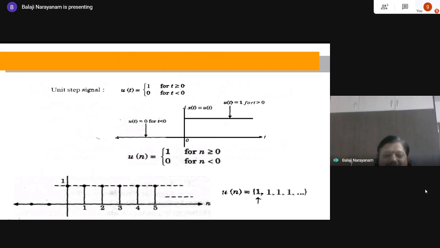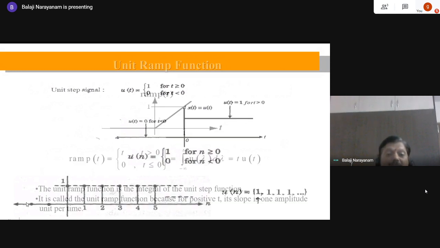You can observe the plot of this discrete sequence clearly here. At n is equal to 1 you have an amplitude, at n is equal to 2 again you have an amplitude, n is equal to 3, and so on. For all n values greater than or equal to 0, you have the existence of unit amplitude, whereas for all the values of n less than 0, you will observe there is a 0 amplitude.